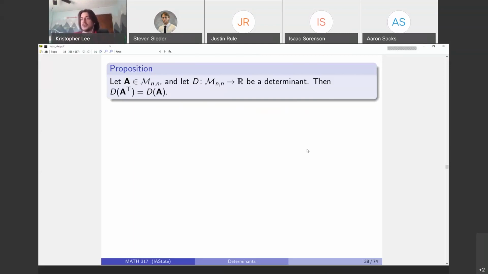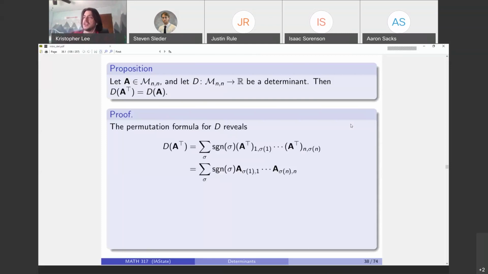It's an awful proof, basically moving around a bunch of symbols and then, all right, I did it. This proof using the permutation formula, though, I think is the only proof of this fact that I've ever seen where I'm like, oh, I get why that's true.